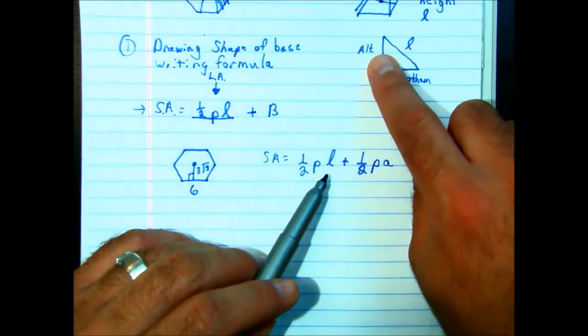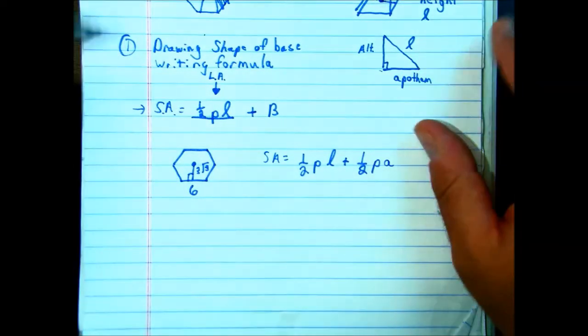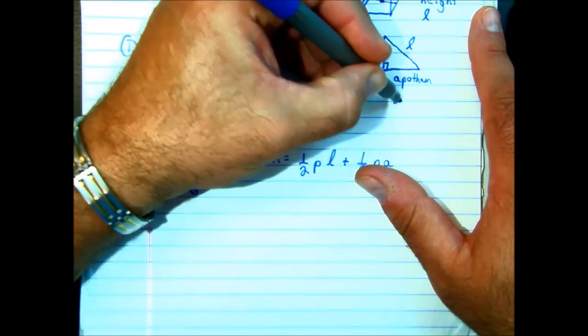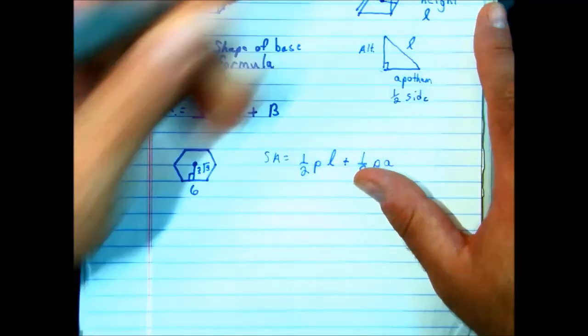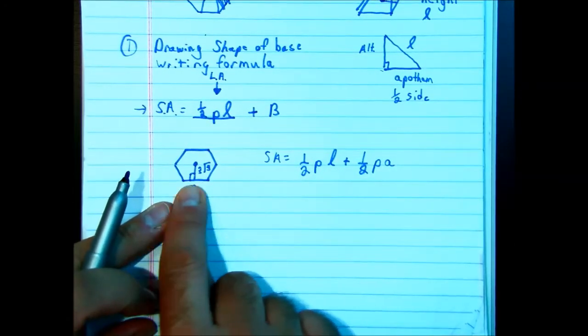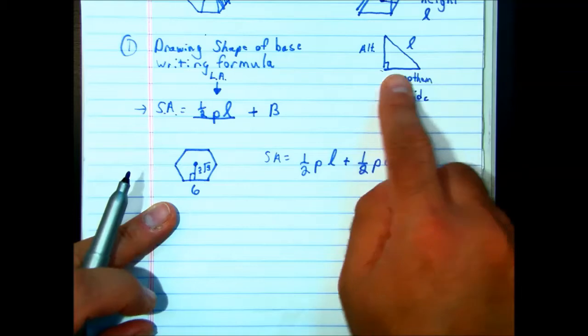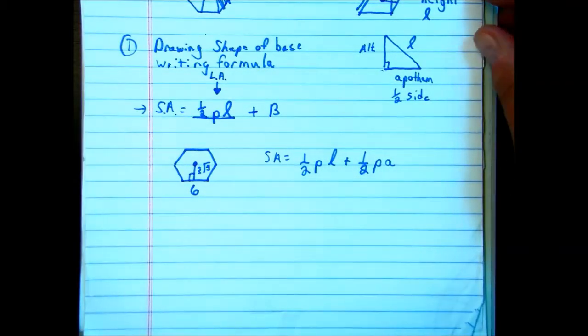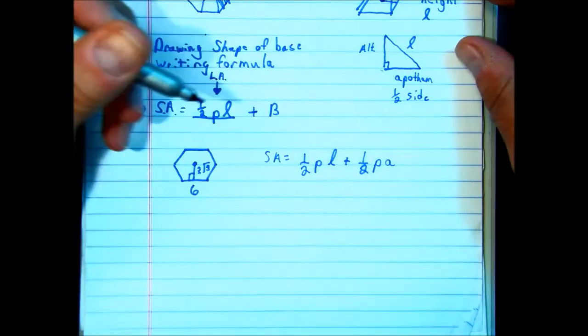Sometimes they'll give you this one, and then you plug in the pieces. Now, what happens? This is here, and this is always half of a side. Okay, that's your apothem. Notice, that means right here would be the number 3 for my right triangle, if I had to do it. Now, in my sample problem, I don't have to do it because they give me the slant height of 8. So now I just plug it all in.